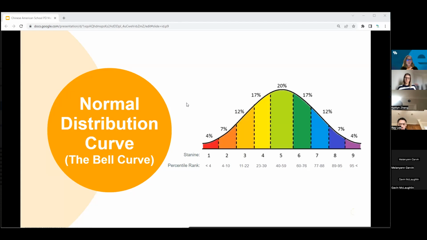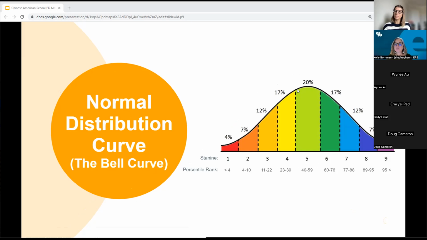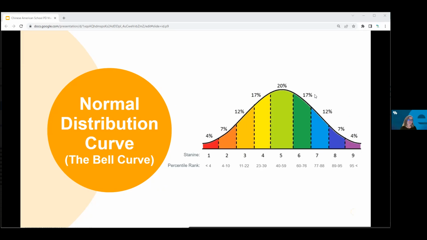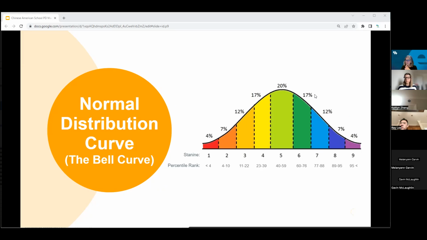And what many of us are familiar with is the bell curve. We do have some metrics where you will see either a stanine or a percentile rank. Both of those metrics are just a different way to represent the bell curve. When thinking about using norm references, we're looking at students' scores, and we will line those students' scores up from 0 to 100.